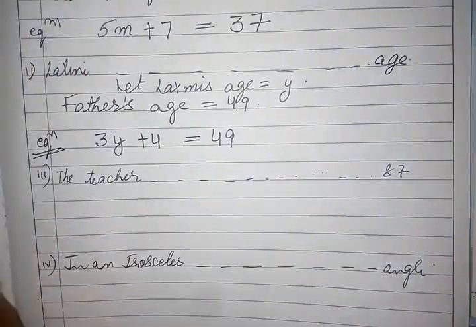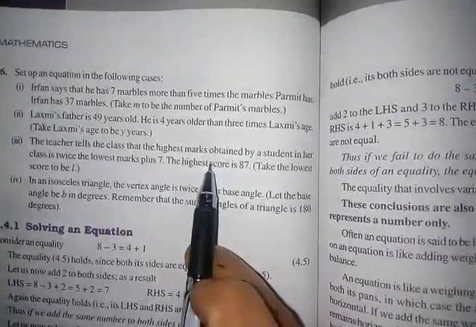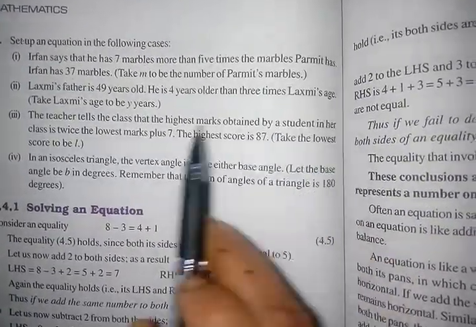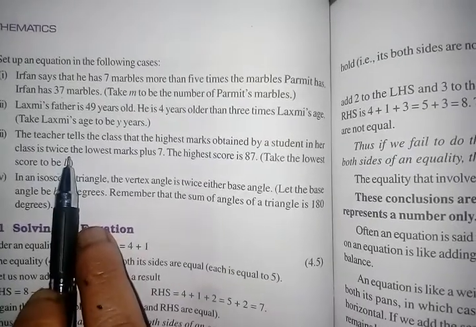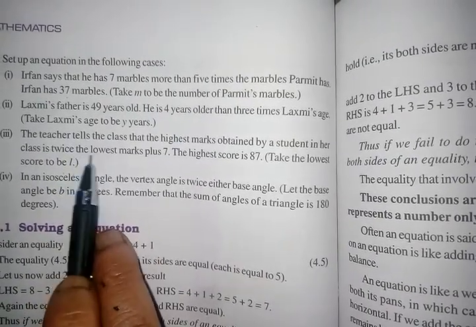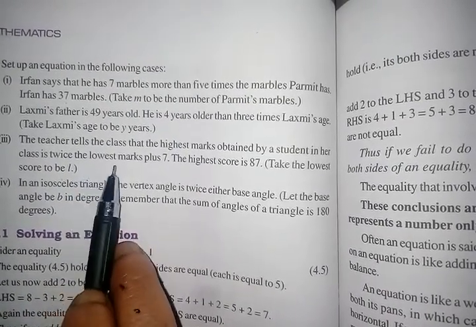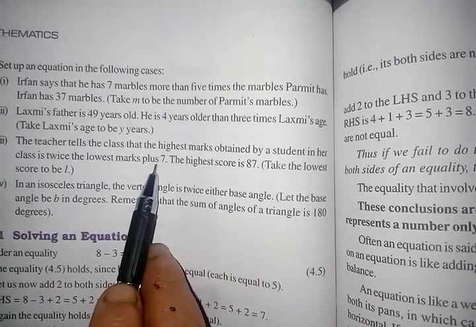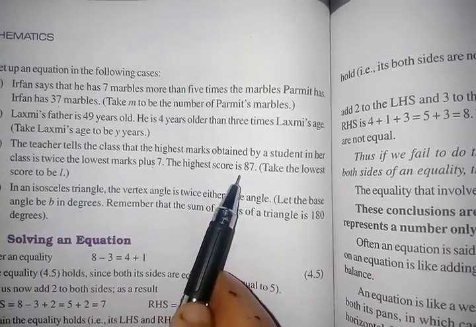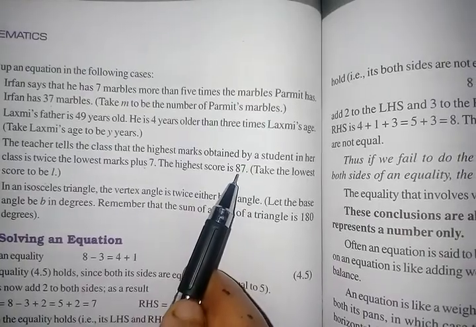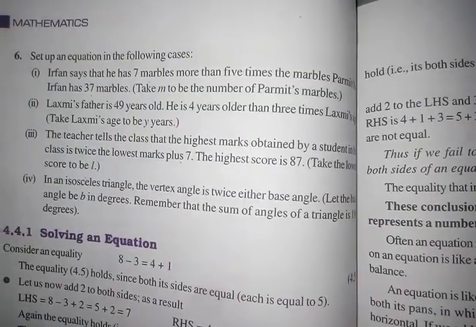Is it clear? Now the teacher tells the class that the highest marks obtained by a student in her class are twice the lowest plus 7, and in numbers the highest marks are actually 87.